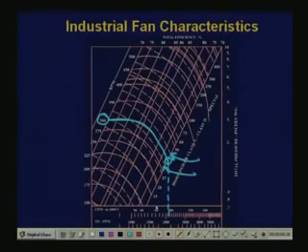You are roughly here, on the 80% curve. This curve and this curve are moving in parallel, so if it is 35 here, it is going to be 35 here also.